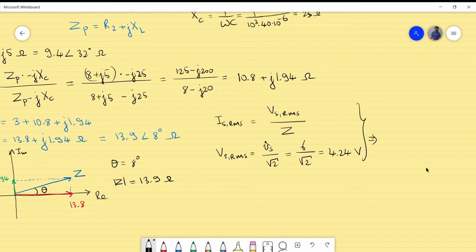We have the following: IS RMS will be 4.24 phase 0 degrees divided by 13.9 phase 8 degrees, and this will result in the source current RMS value of 0.305 minus 8 degrees amperes.